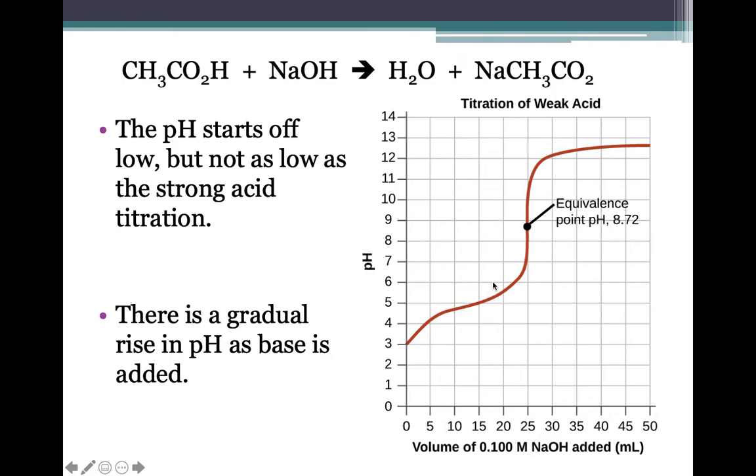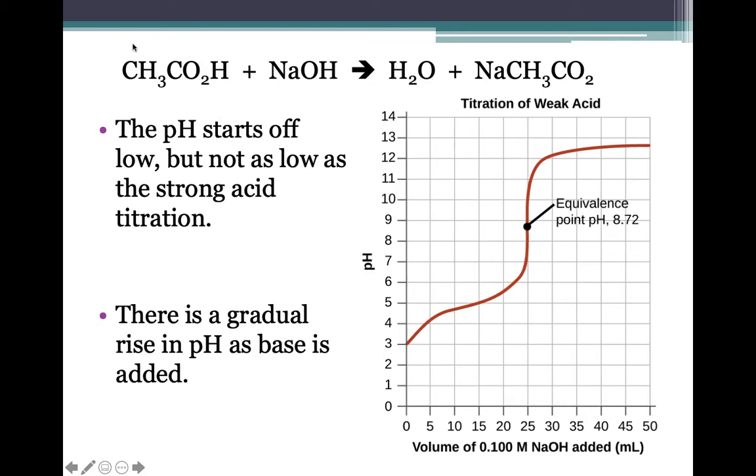We will have acetic acid, but we will also have some of our product, which is the sodium acetate, or the conjugate base of this weak acid. Since we have an acid with its conjugate base as a pair, we have a buffer in this region.